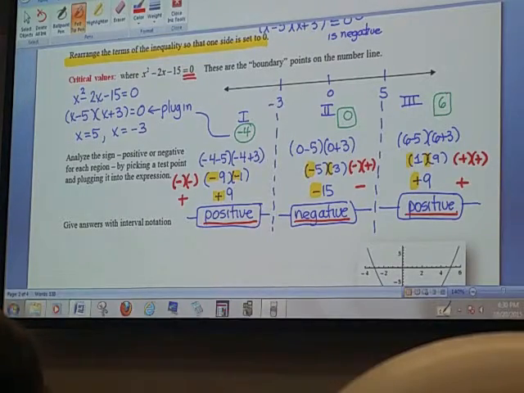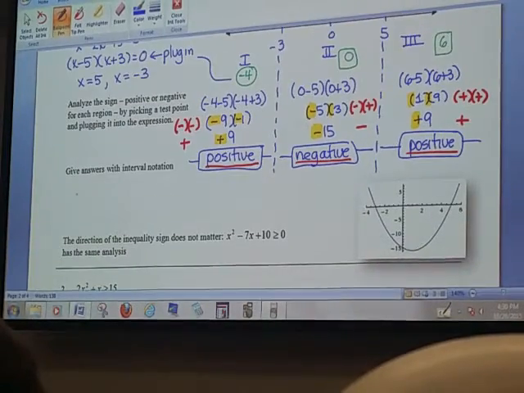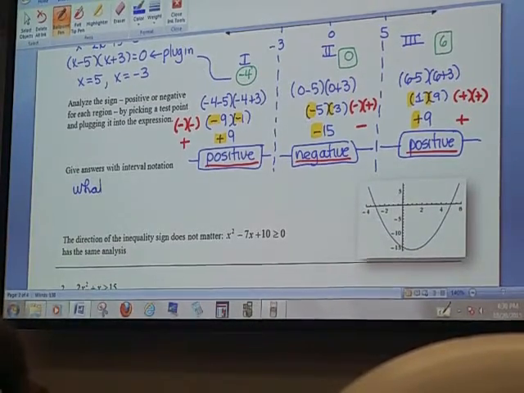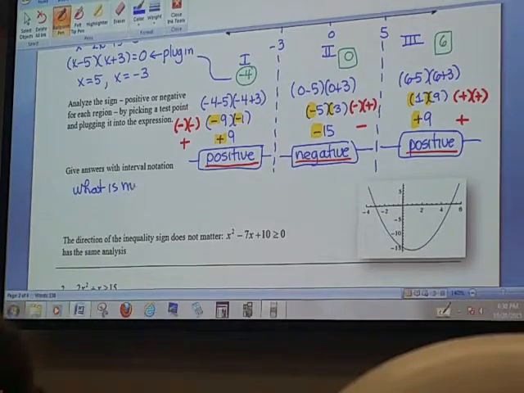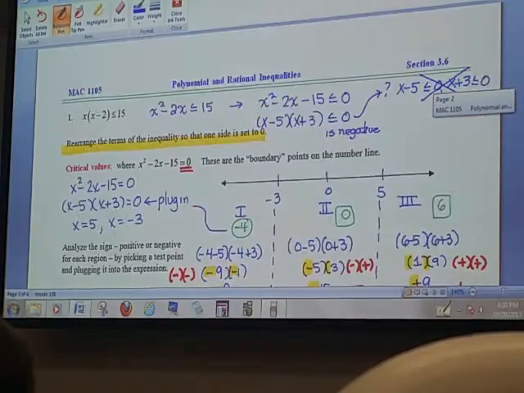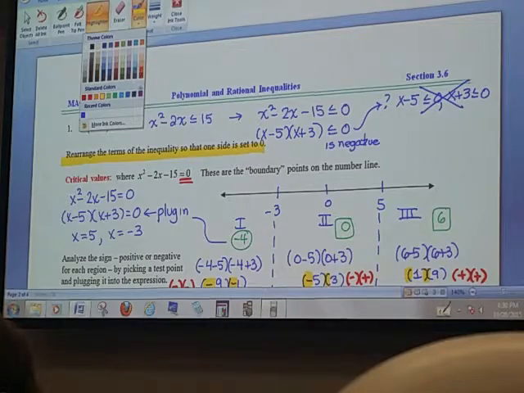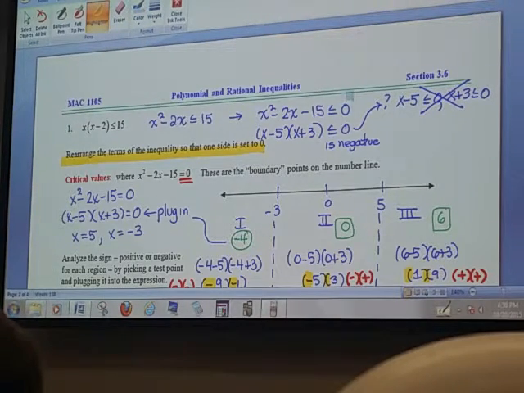Okay? So then what I do is, say, what is my answer? So for that, I go back and I look at the original one. Here is my sign right up here. Okay, x squared minus 2x minus 15 is less than or equal to 0.